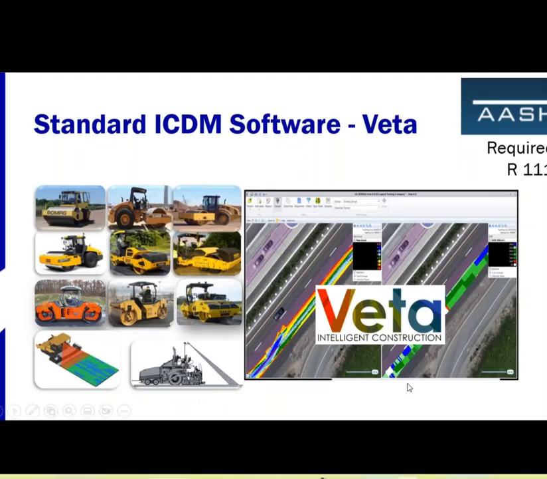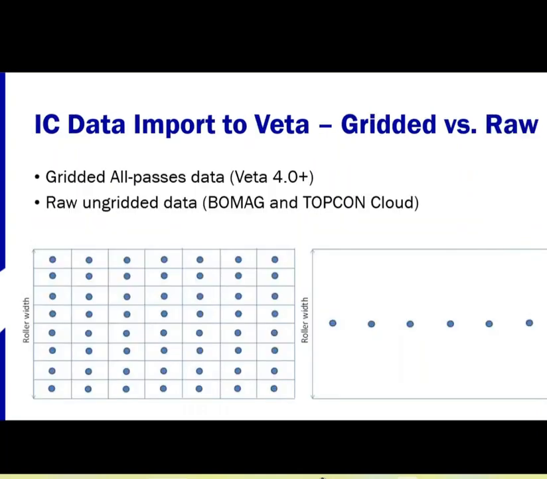The Usher R111 standard is the intelligent compaction standard, and it requires Veta to be the standard platform for data processing. As I mentioned earlier, graded data, all processed data, and also raw ungraded data can be imported to Veta.